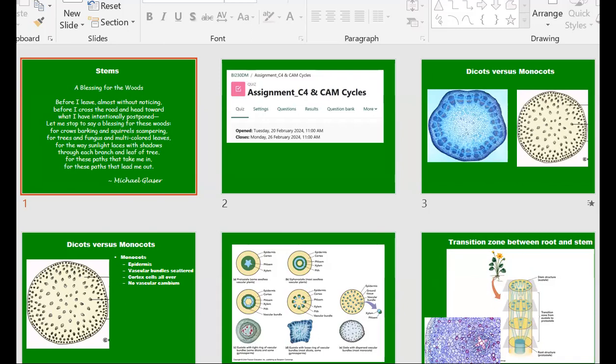If you're trying to decide stem versus root, try to think like an architect. Where would you put your vascular tissue if you were below ground or above ground?